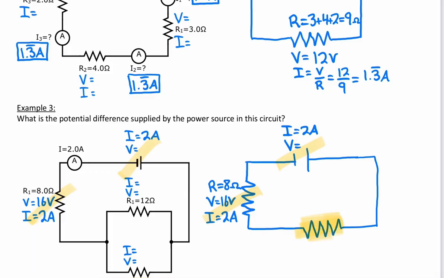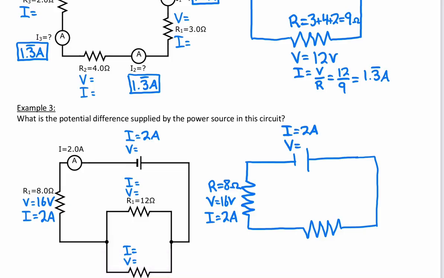This new resistor is an equivalent resistor. It doesn't exist in the real circuit, but it will have a resistance that causes the new circuit to behave exactly the same as the old circuit. So what is that resistance going to be?